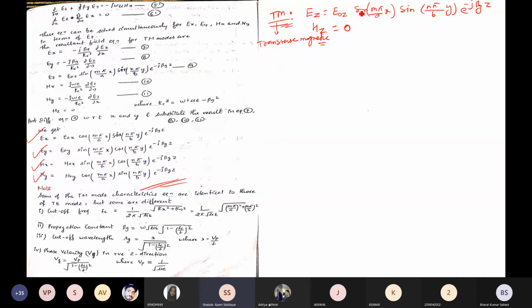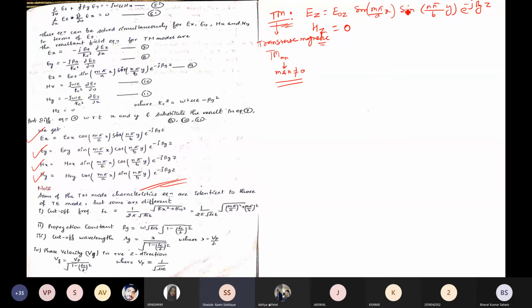So how can I write this one? Just to remember the TM mode, it is TMmn, and m and n cannot be equal to 0. So that means it should be a sinusoidal term.